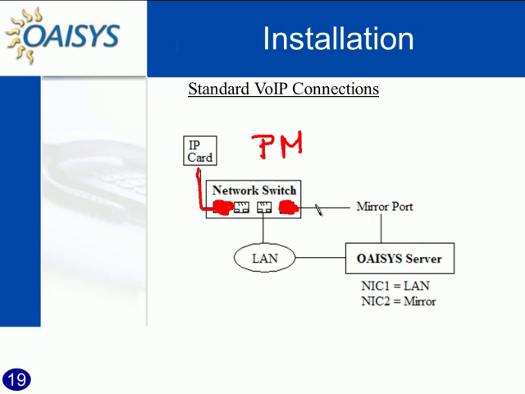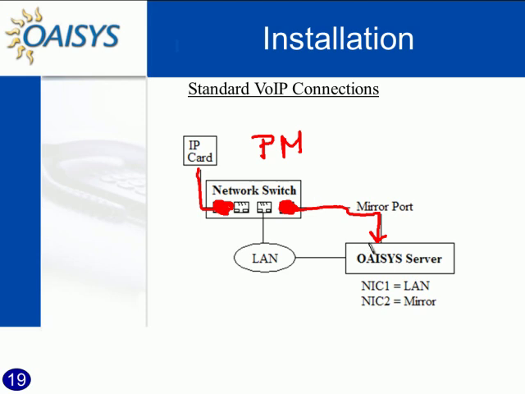At that point, we now have two copies of all of the VoIP traffic that's happening inside of the organization. By using that port mirroring technology, we can then take that duplicate copy of all of the VoIP activity and send it over to the OAISYS call recording server. So this network switch with port mirroring is what's cloning all of that audio and giving us the duplicate copy that we can capture and record for the organization.